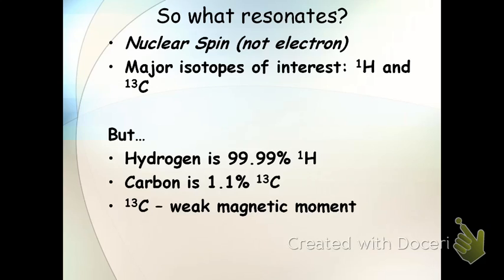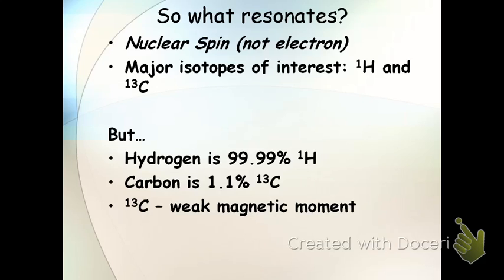That means when you take 100 carbon atoms, you'll for sure have at least one carbon-13 in that structure. There's only a 1.1% chance that you'll find a carbon-13 at any given carbon position, and we'll actually use that information to our advantage when we do mass spectroscopy as well.